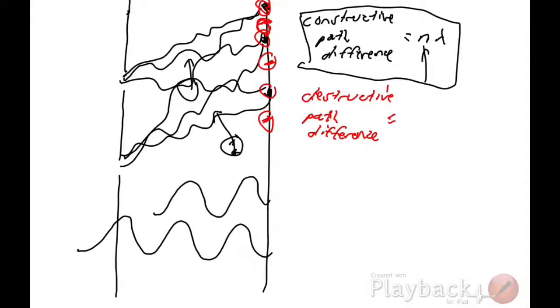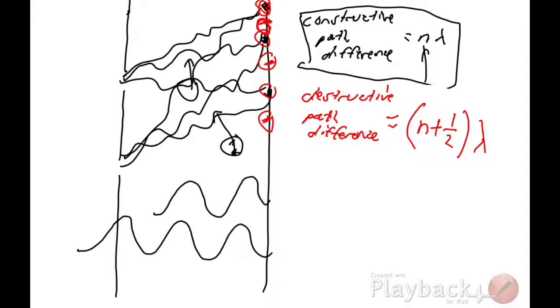So that's going to equal, well, obviously we're dealing with a wavelength again, but now it's going to be n plus 1/2. Let me rewrite that a little bit bigger. So the path difference would equal n plus 1/2 times lambda. Meaning it's really half of the distance between.